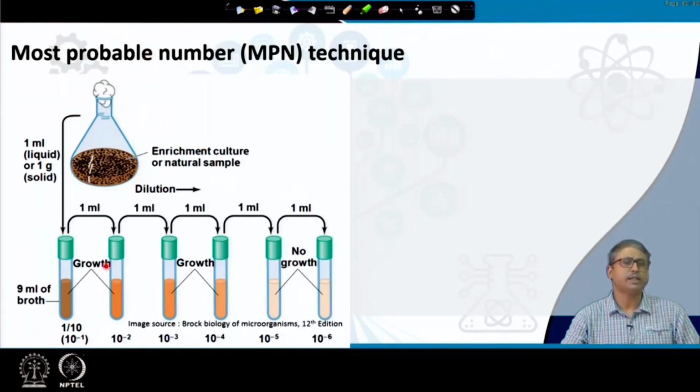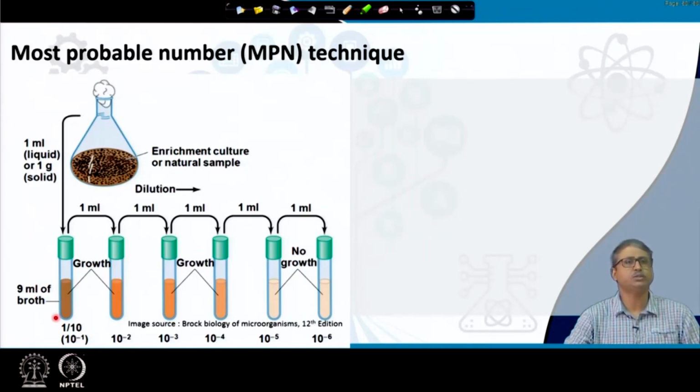It could be targeted towards all the organisms present, all aerobic maybe, all anaerobic maybe, or a specific group of organisms. Suppose we want to know all aerobic organisms present.